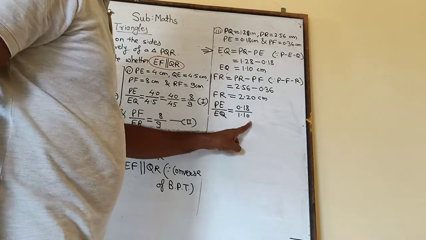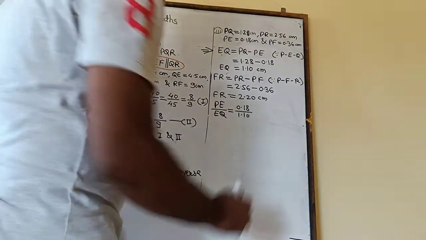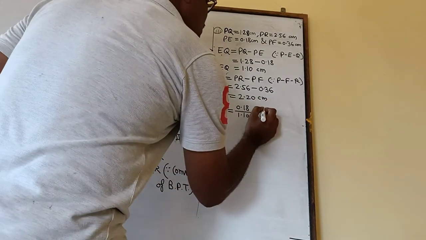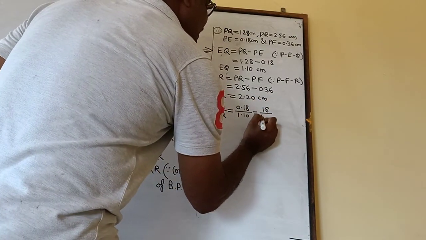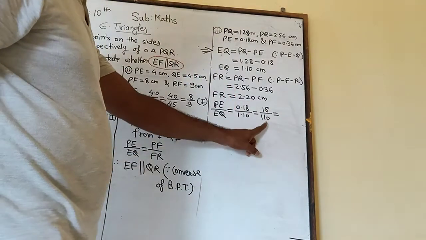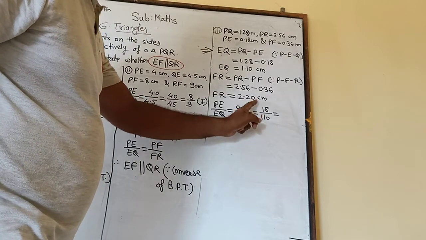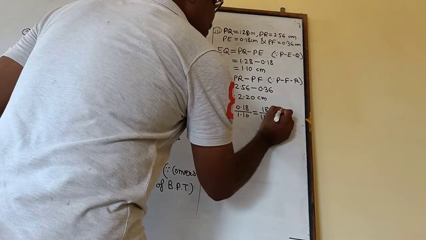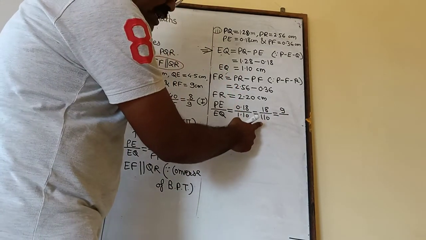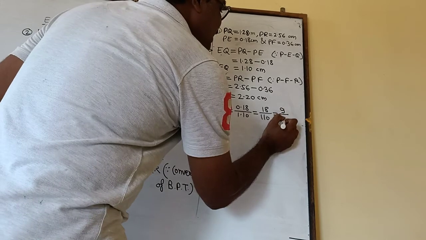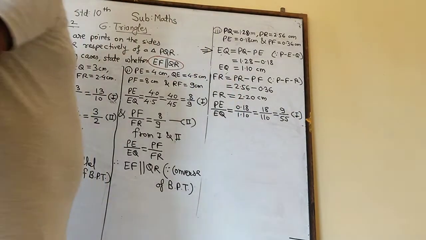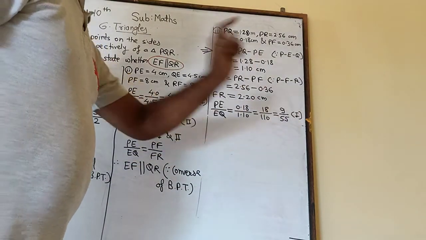Decimal point 2 digits, meaning we can remove the decimal point. So it is 18 upon 110. If we simplify this, it is divisible by 2 because both are even numbers. Dividing by 2, 2 nines are 18, and dividing 110 by 2 we get 55. So it is equation 1, ratio number 1.